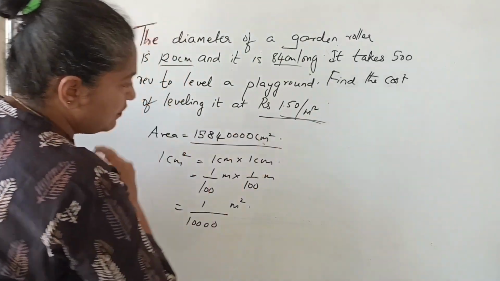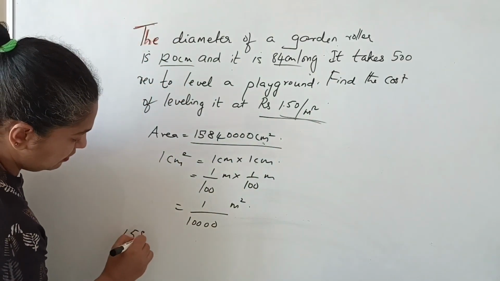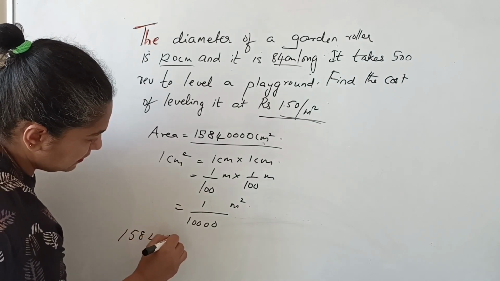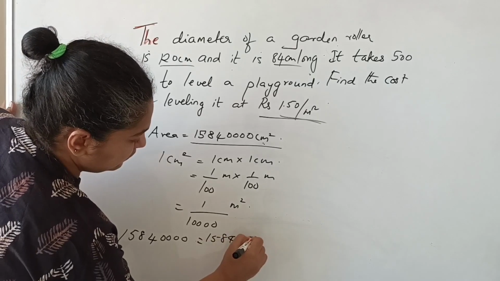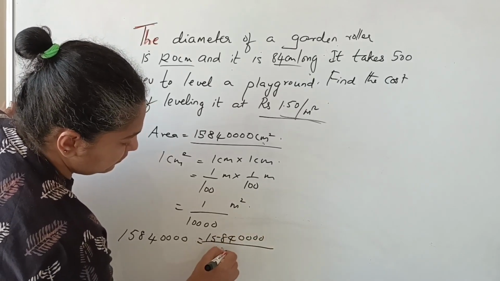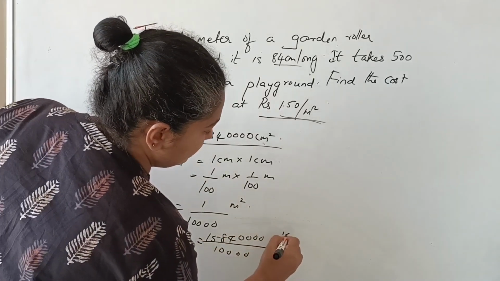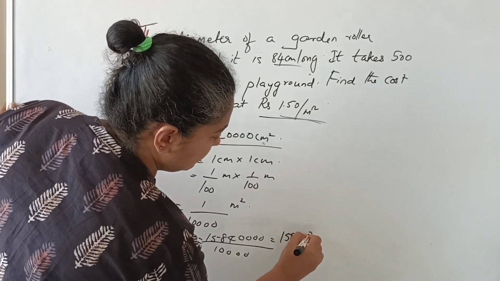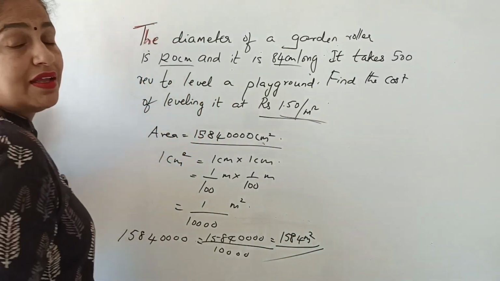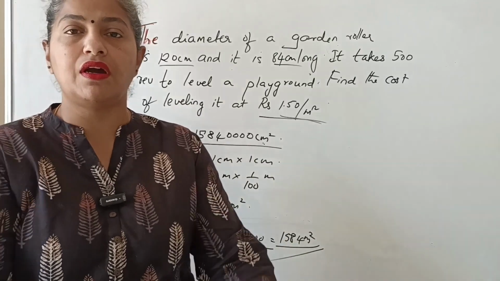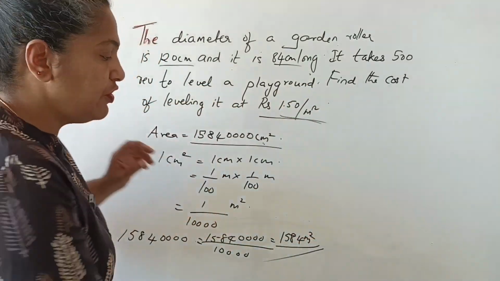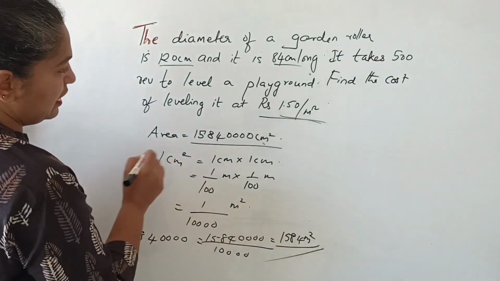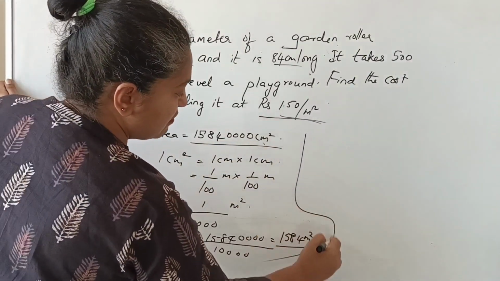So this much of centimeter square is actually equal to 1584 meter square. Now, the cost per meter square is given to you. To find the total cost, you have to multiply 1584 with 1.50.